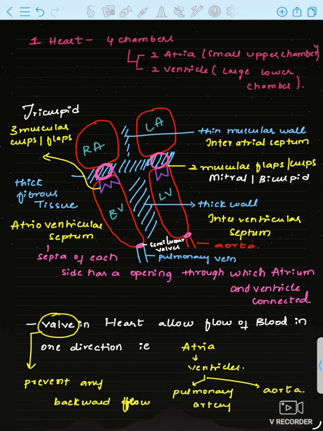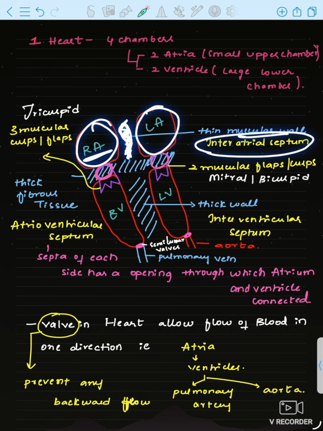Between the right atrium and left atrium, a thin muscular wall is there, that is called the interatrial septum. Like between higher education and schooling we say intermediate, in the same way it is between 2 atria. That is why it is the interatrial septum.